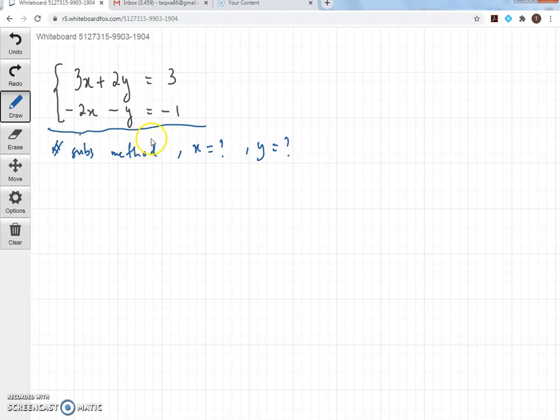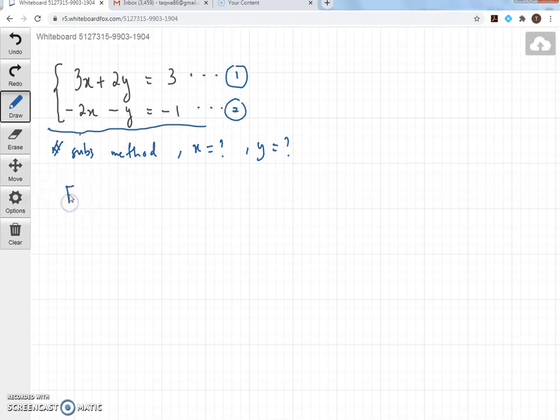The first step that you need to do here is to name these two equations. Let's name this one as equation number 1 and this one as equation number 2. Let us start everything from the first equation.